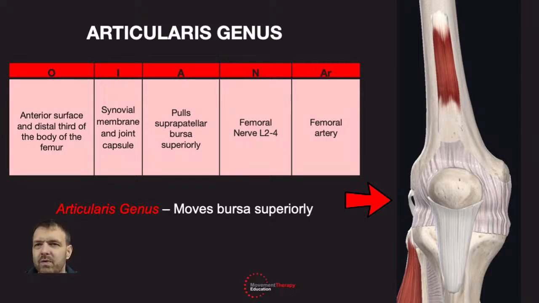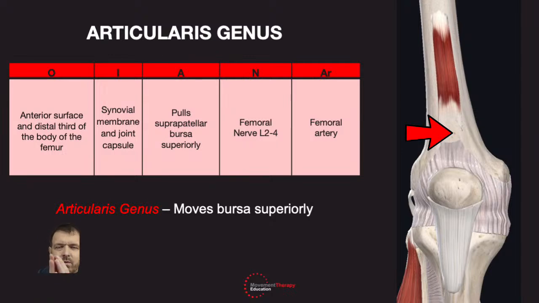Now, this was one that you can't usually see on dissection either because it's just so small. But this is the articularis genus. So we talked about anything to do with genicular, genus, genome, being to do with the knee. Okay, so this is a really small muscle that attaches onto the top of the suprapatellar pouch or the suprapatellar bursa.